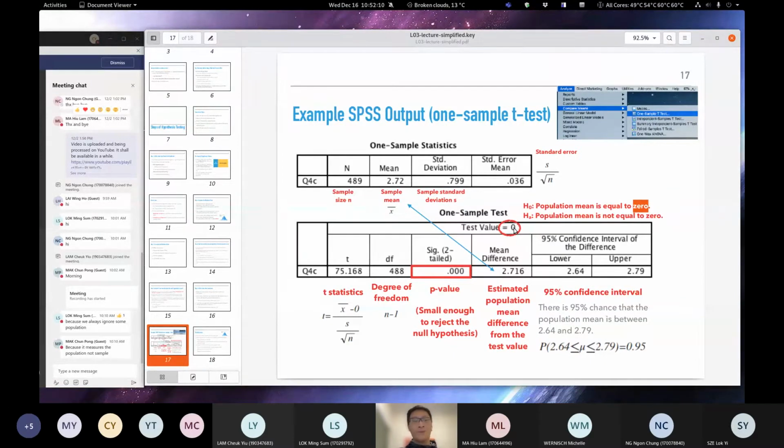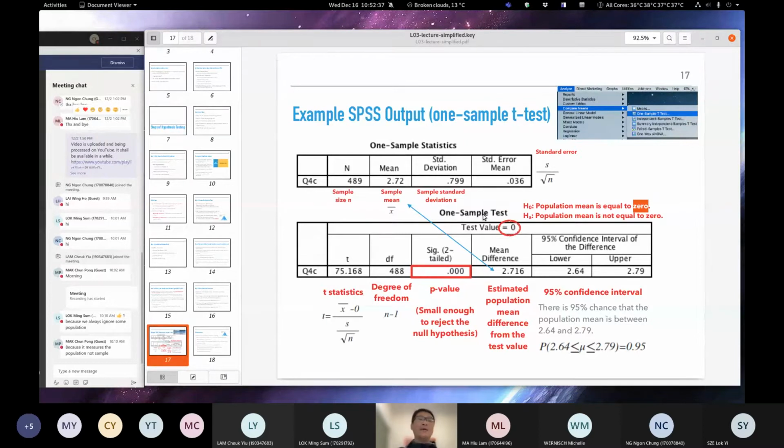It will not ask you, it just puts a 0 there. And if you forget to change the 0 to the number that you want, and you run the test, and you do not know that you have to check the test value, then the conclusion will be wrong. So this is a very important point for you to remember. Okay, always check the test value.